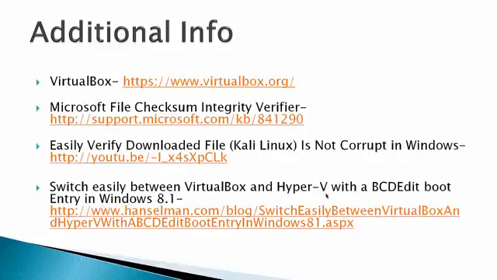Additional info, there's the VirtualBox site, and then if you want, this is where you get the Microsoft File Checksum Integrity Verifier. And then I've got a video here on how to use it. In this case, the video works with a Kali Linux file, but it works the same. And then there's another link here that says how to switch easily between VirtualBox and Hyper-V.